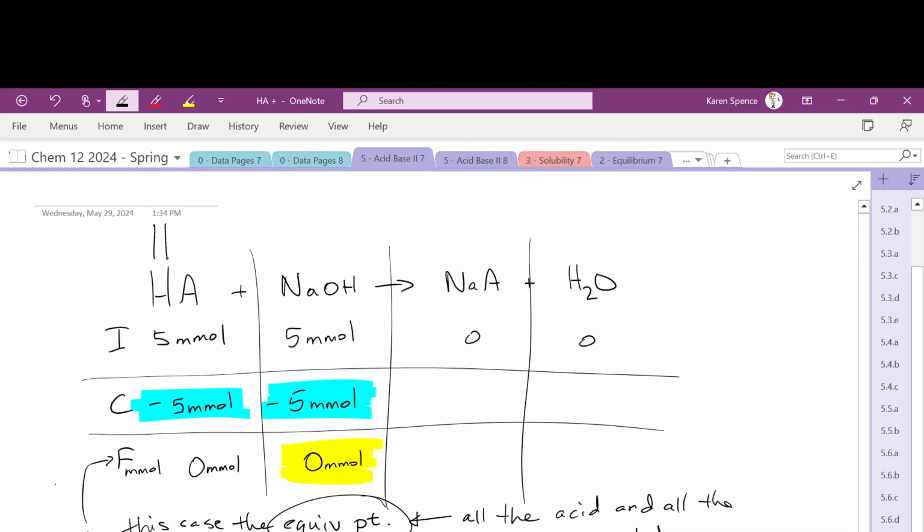What if I replace this with HCl? Is there anything different? No, there's nothing different. It takes the same moles of NaOH to react with a strong acid as it does with a weak acid.